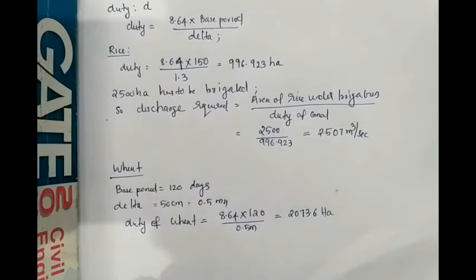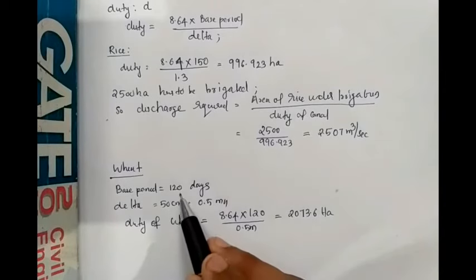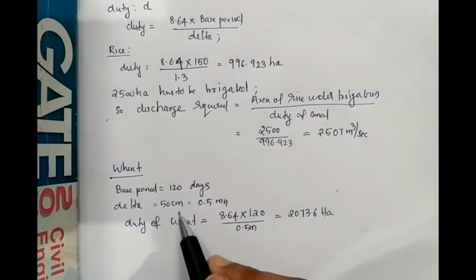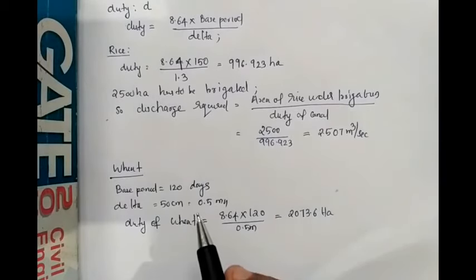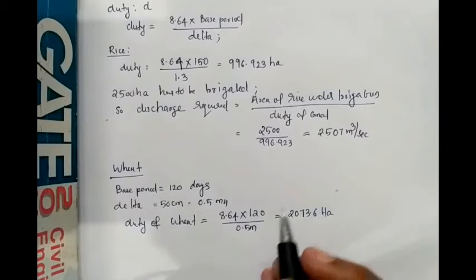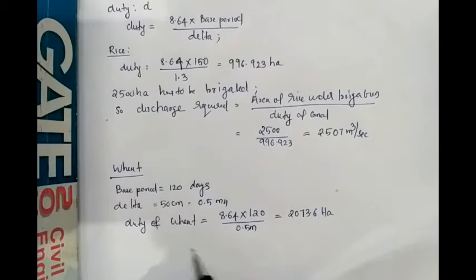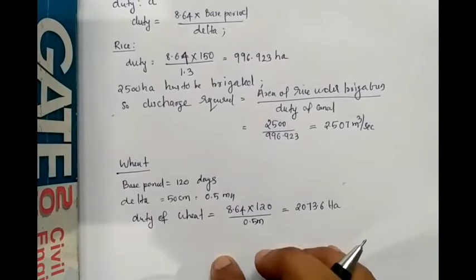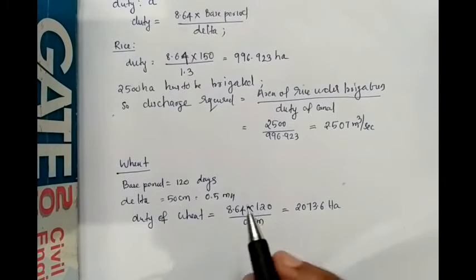So wheat has a higher duty, because the base period is only 120 days and the delta is 50 centimeter, less than half of what is required for rice. Here comes the tricky part, the answer part of the question.